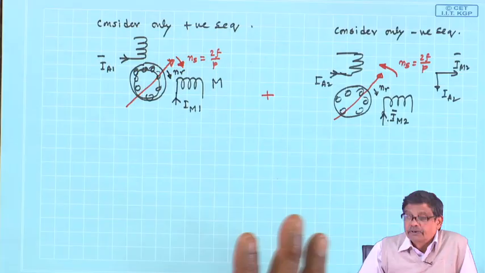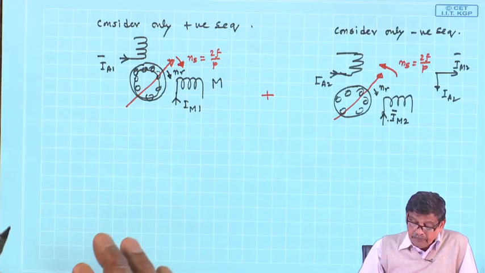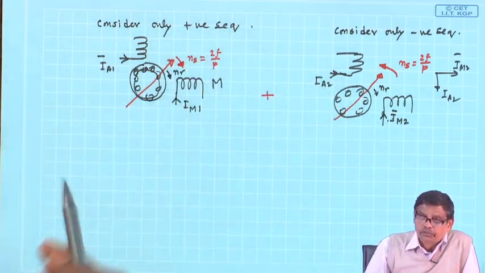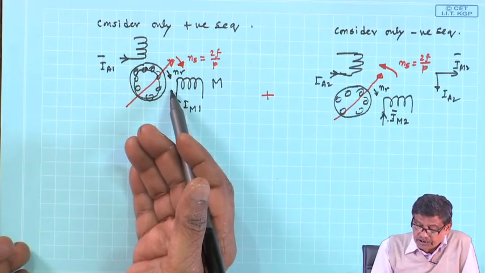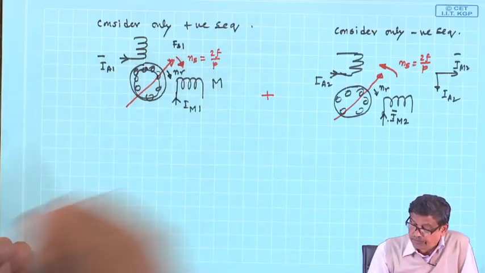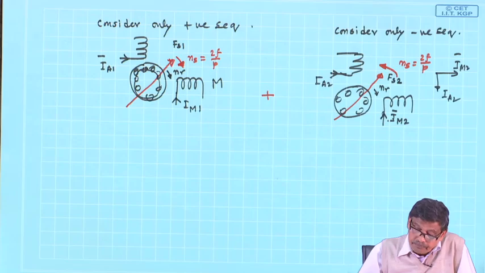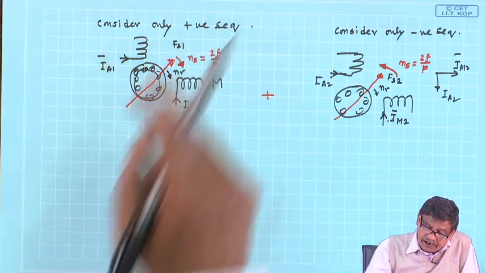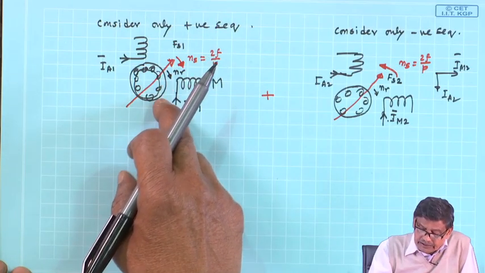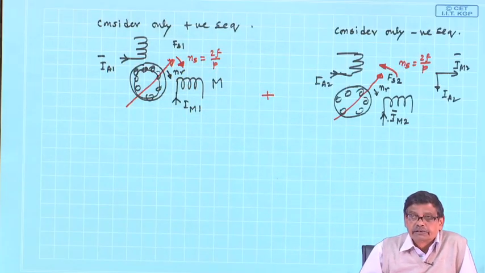At that time, what is going to happen? For the positive sequence, I have assumed the rotor is rotating in the same direction as the stator field Fs1, positive sequence. Here it is the stator field, negative sequence. This positive sequence field Fs1 is moving in the clockwise direction, and the rotor is also moving in the same direction.